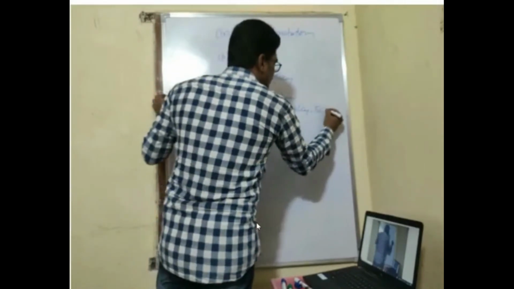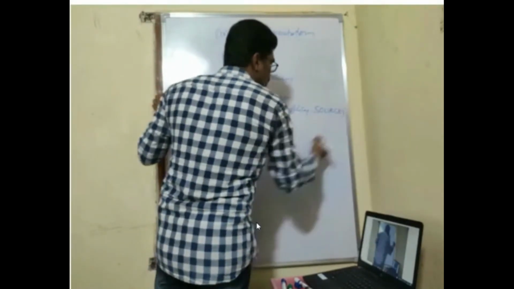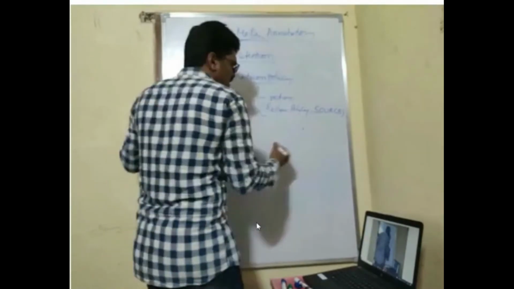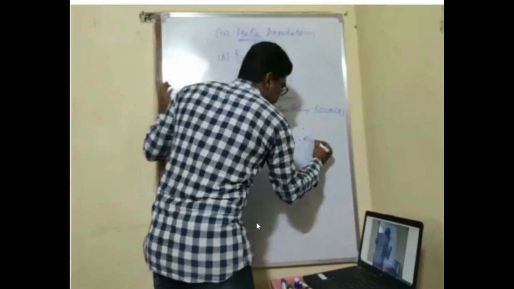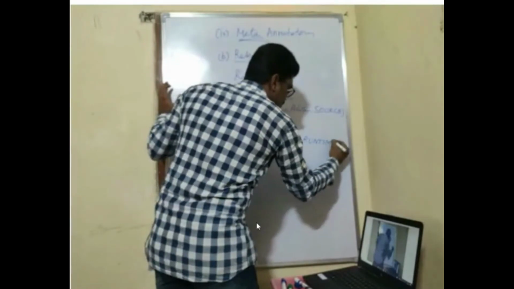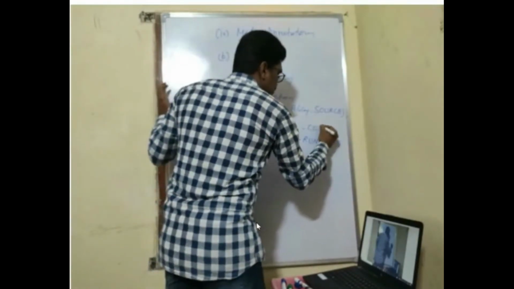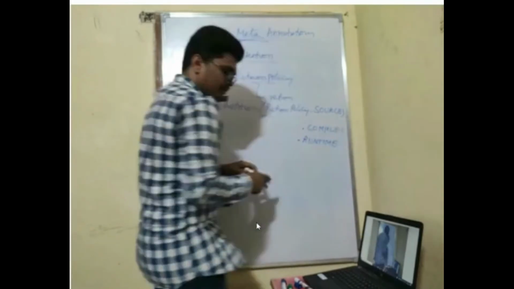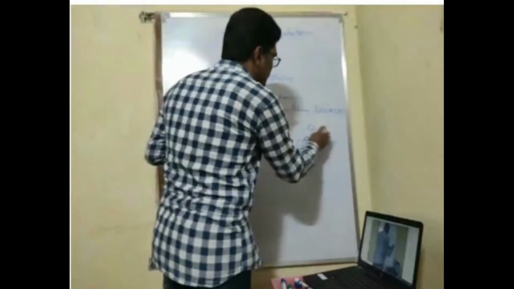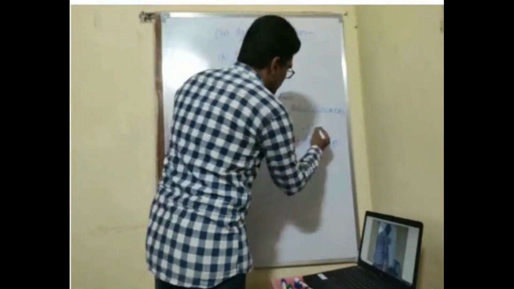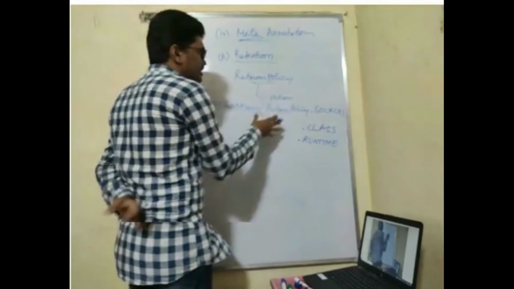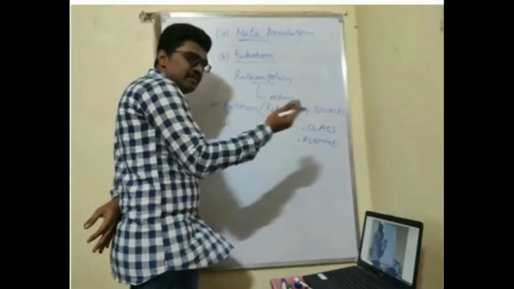You have three values: RetentionPolicy.SOURCE, RetentionPolicy.RUNTIME, and, I think, compile. Okay, one second, I'll check. Yeah, it is CLASS. So retention means to retain.